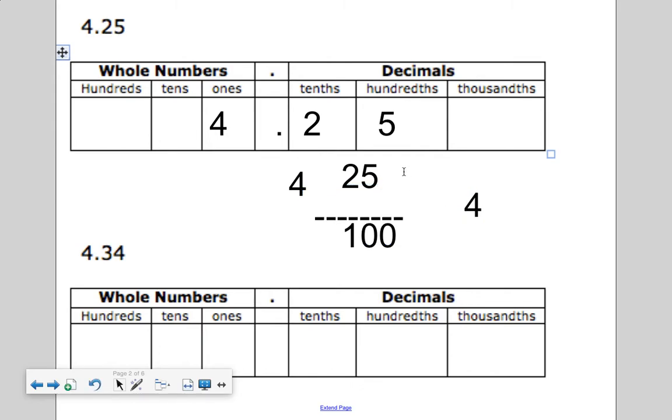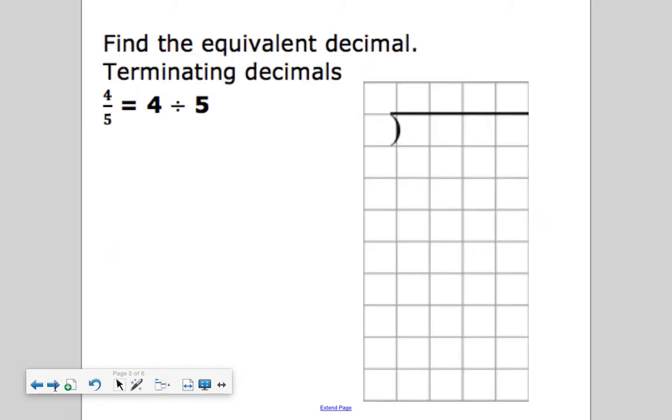But what can I divide 25 and 100 by? I'm going to divide both numbers by 25. So it'll be 4 and 1/4. So 4 and 25 hundredths is equivalent to 4 and 1/4, which is equivalent to the decimal of 4 and 25 hundredths.